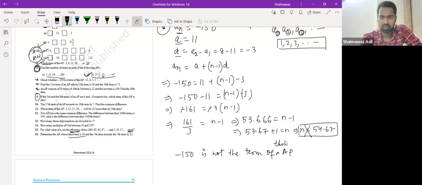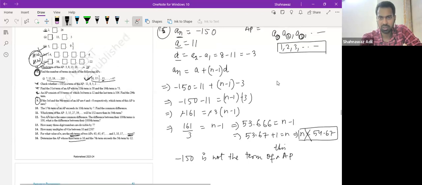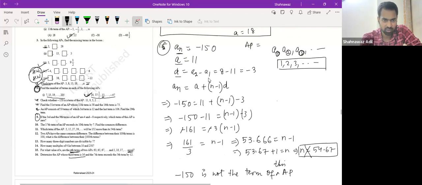Please quickly note it down, and then the next question is Amira's turn, the 7th one. We should write here that n cannot be fractional.